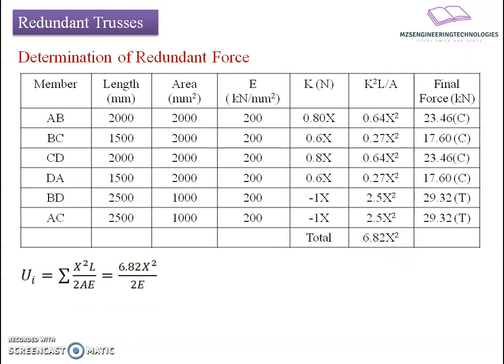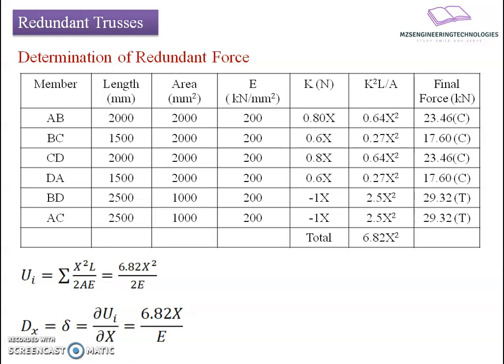After knowing this, we can find the strain energy component. Here the strain energy stored under the redundant force is nothing but 6.82 X square upon 2E. Why have I not written AE? Because I have taken A in the calculation itself. So it comes to be 6.82 X square upon 2E. To minimize it, I take the partial derivative of the energy stored by the system with reference to the redundant force.